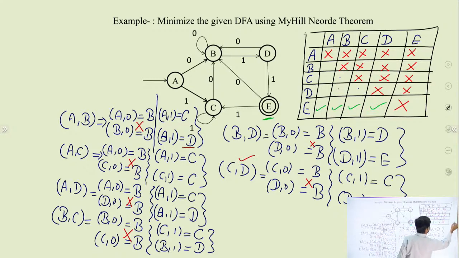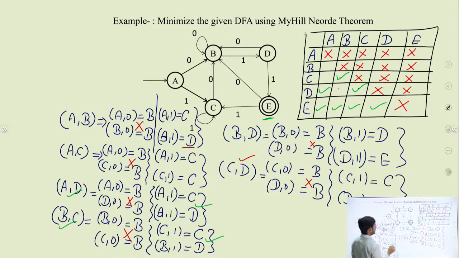Since CD is marked, we mark BC also. Since CD is marked, we mark AD also.